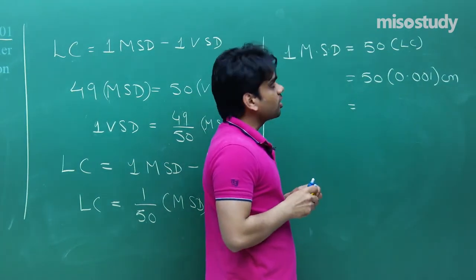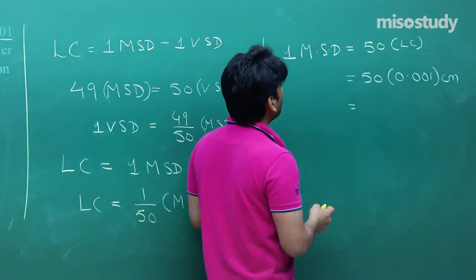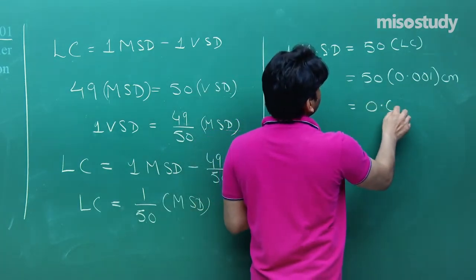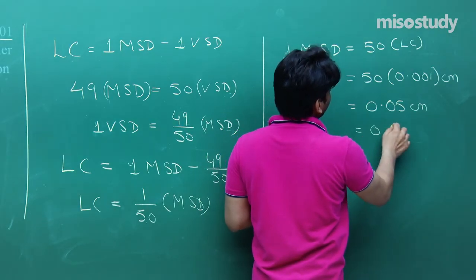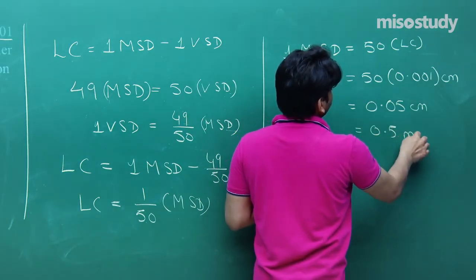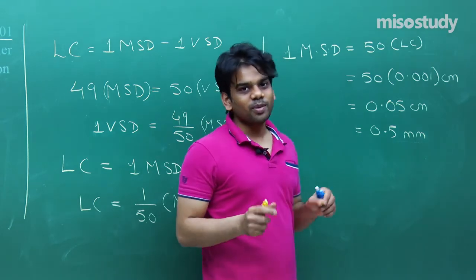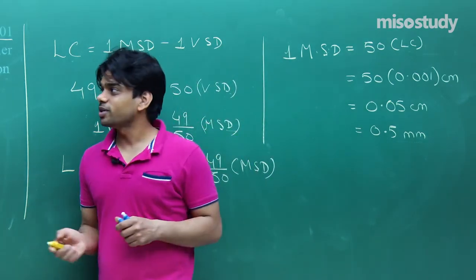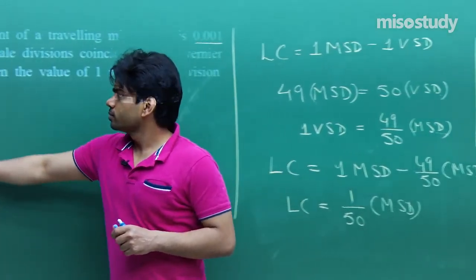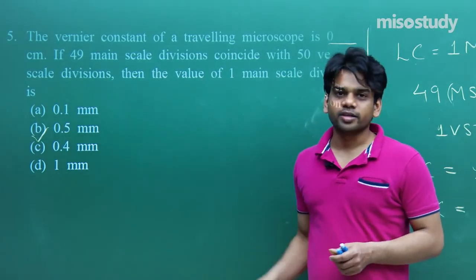It will turn out to be 0.05 centimeter, that is 0.5 mm. So the value of one main scale division is 0.5 mm. This is what we have obtained. Option number B clearly matches. Rest all the options are incorrect.